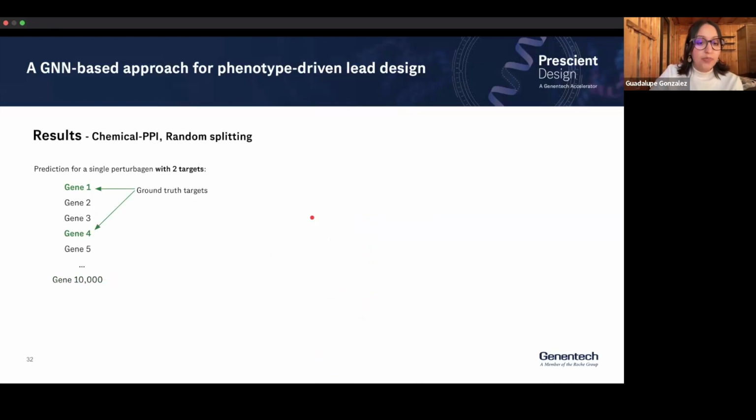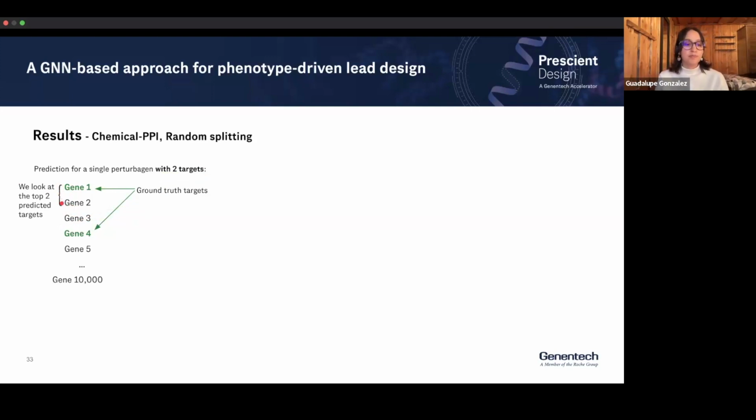And again, we have a second metric for this ranking where, let's say that we have 2 targets in this perturbation set U prime, and let's say that they fall in position 1 and position 4. Because we have 2 ground truth targets, we look at the top 2 predicted genes.